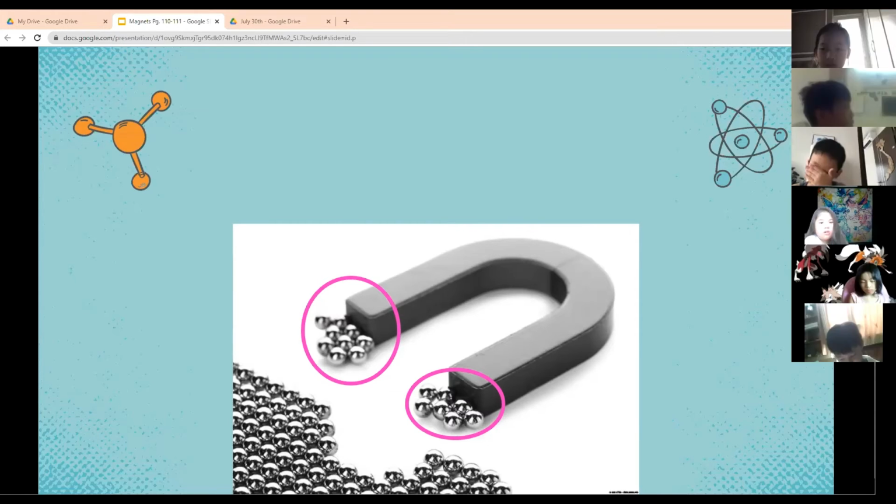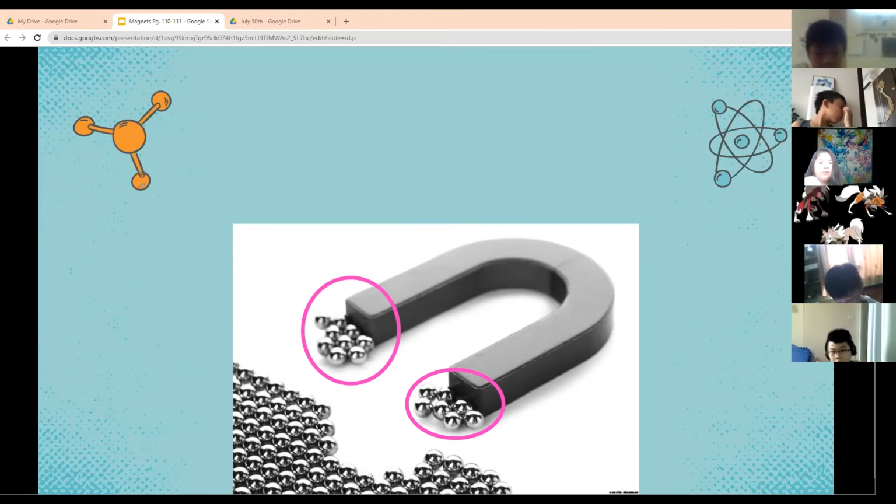It attracts the balls. Do you think the pull of the magnet is the strongest force at the poles or the weakest force at the poles? What do you think? Okay, let's see what Misha thinks.